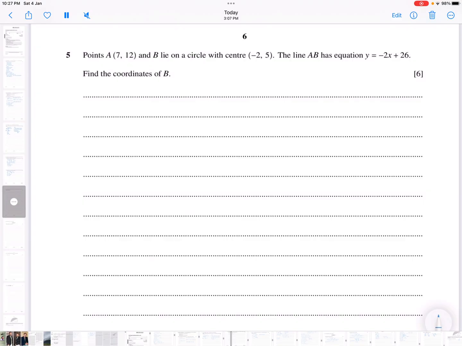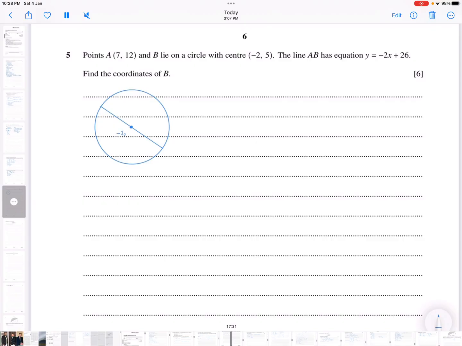In question number 5, the coordinates of point A are given and B lies on the circle with center (-2, 5). The line AB has this equation. Find the coordinates of B. Alright, so I'm just roughly drawing it to make it clear. This is my diameter and the center is (-2, 5).